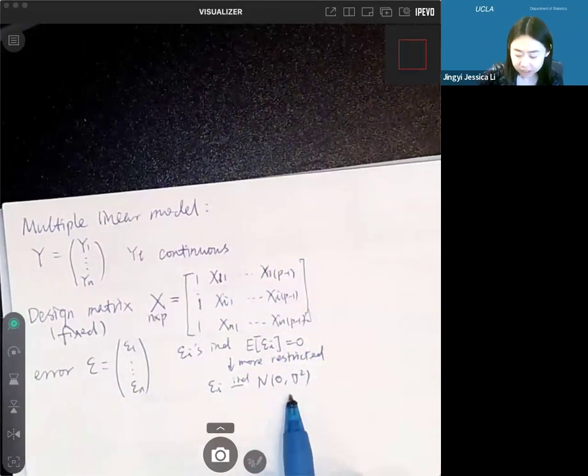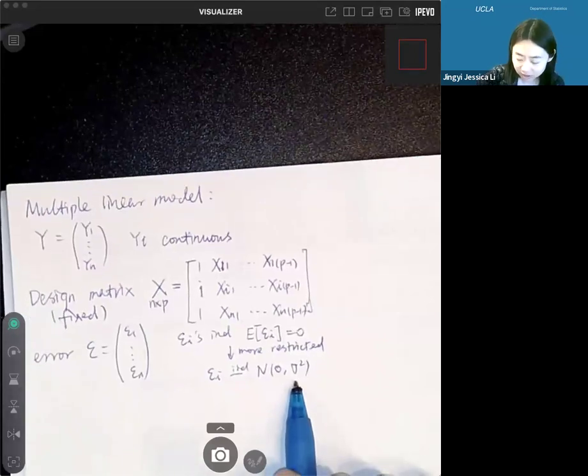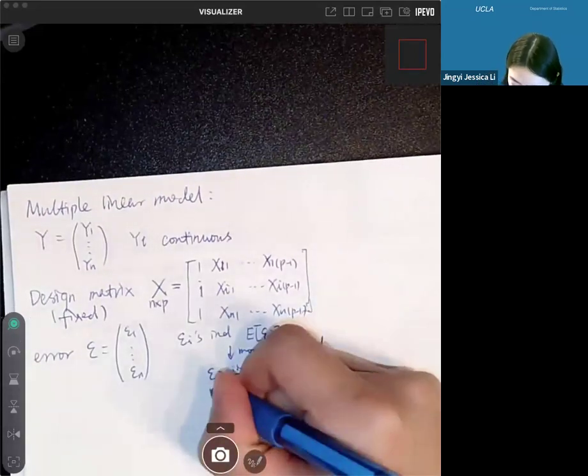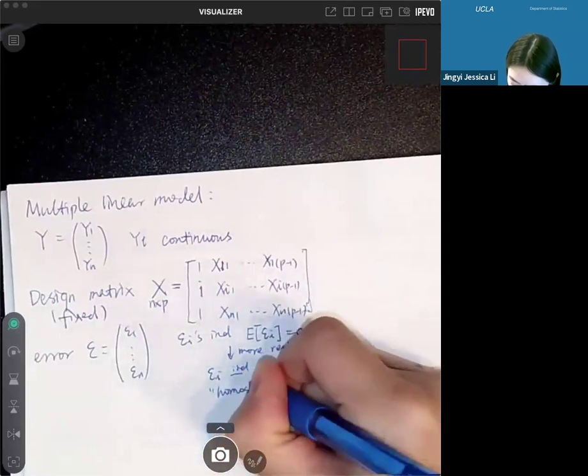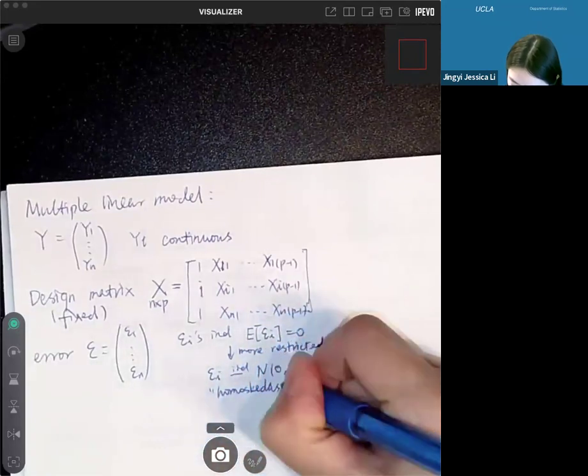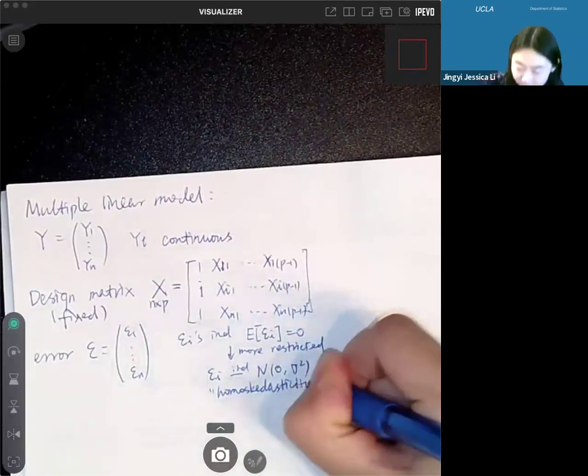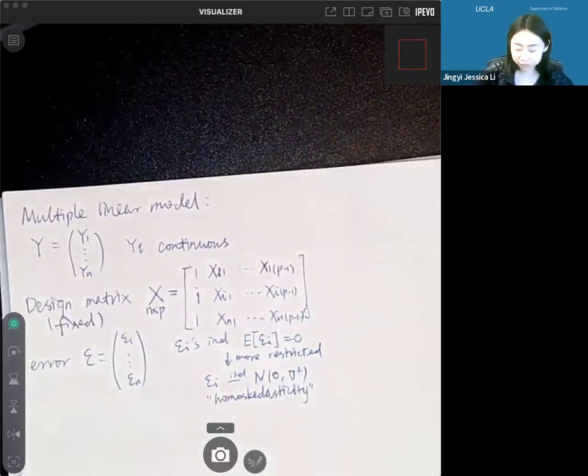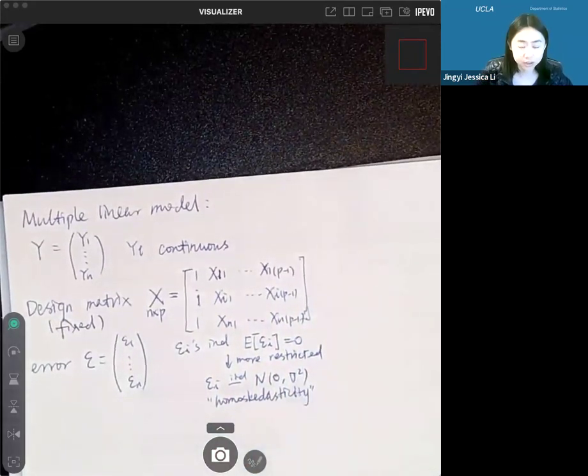And the assumption that epsilon i's have the same variance, there's a jargon, is called homoscedasticity. Very long term, many syllables, but it basically refers to this constant variance assumption for all the epsilon i's.